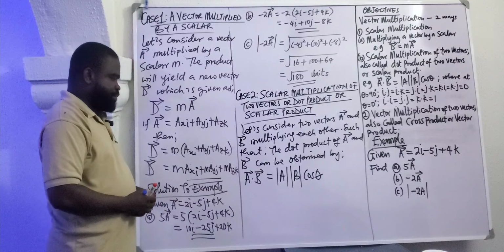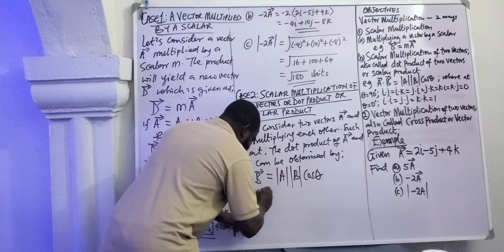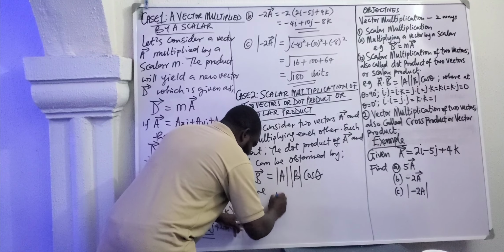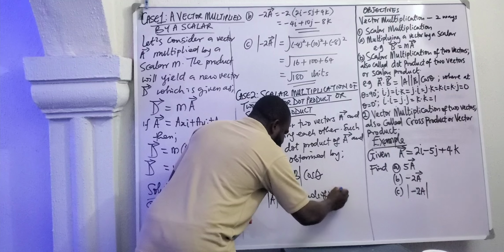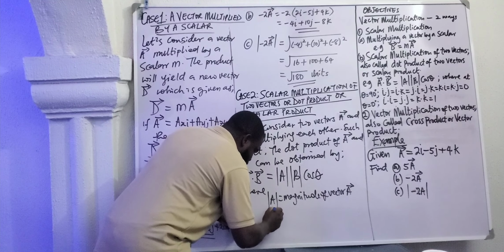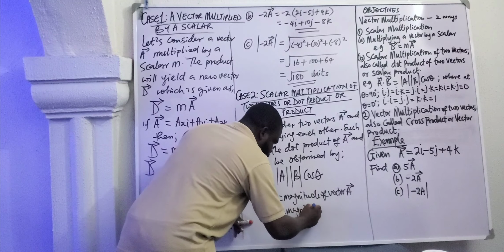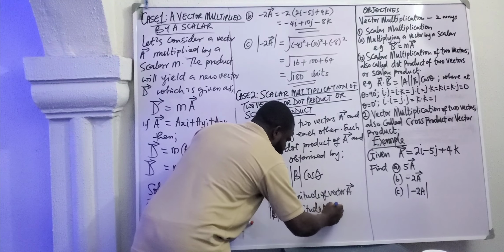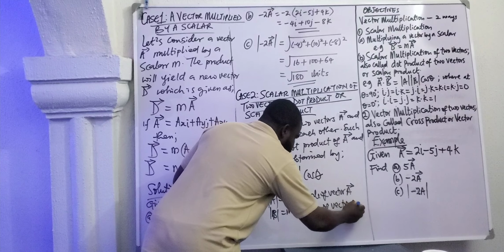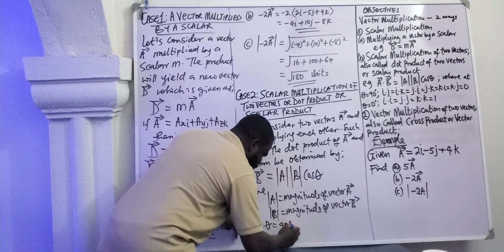Take note of this formula, where A is the magnitude of vector A, B is the magnitude of vector B, and theta is the angle between the two vectors.